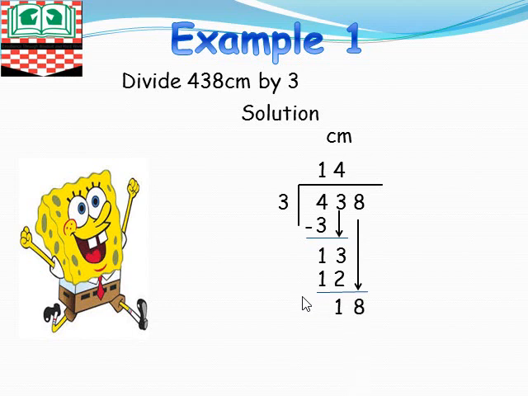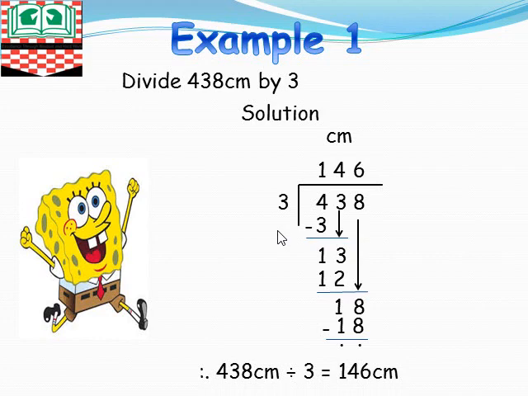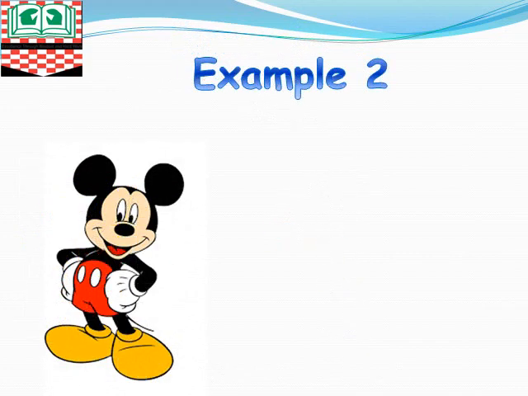Now 18 divided by 3 is 6. 6 times 3 gives us 18. Then we minus, and then we have 0. So at the end of the day, 438 centimeters divided by 3 gives us 146 centimeters. Wow. Let's move to the next example.